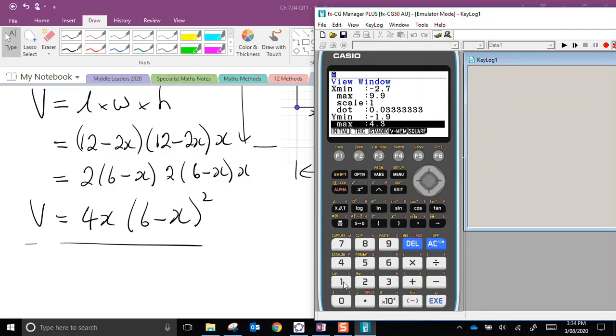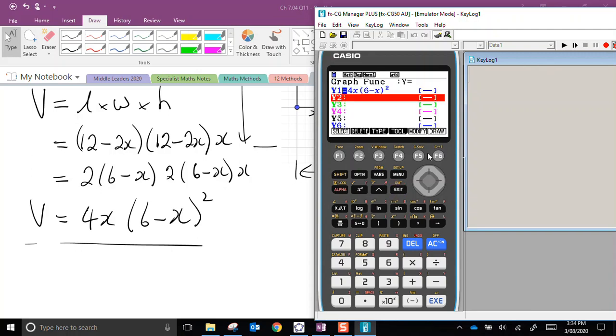Maximum y value, let's push that up to 50. We might jump up in steps of 10 to make it not so bad, and let's see how that looks. Oh, we're still off the top there, so we might push that y value up to 150. Let's see how that looks this time.